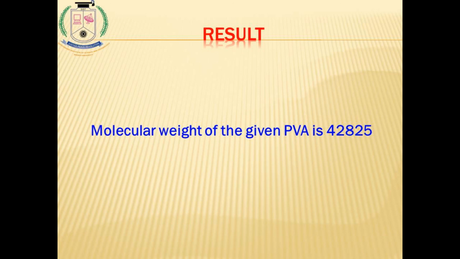And finally, we are writing the result: the molecular weight of the given PVA is 42,825.